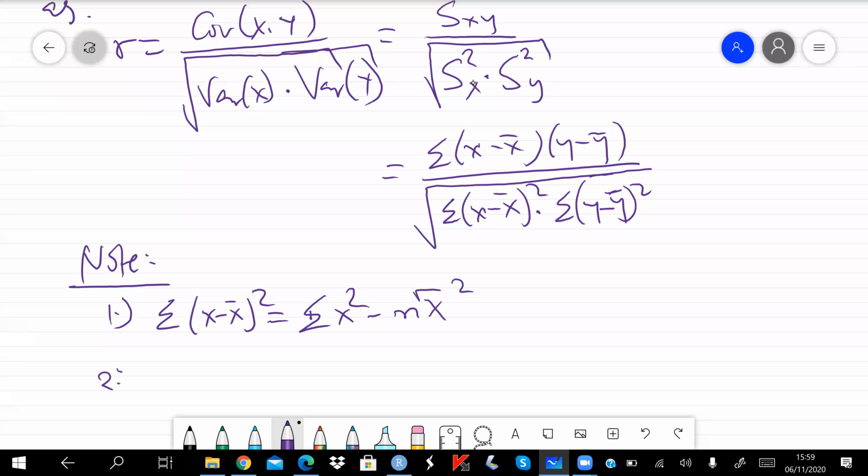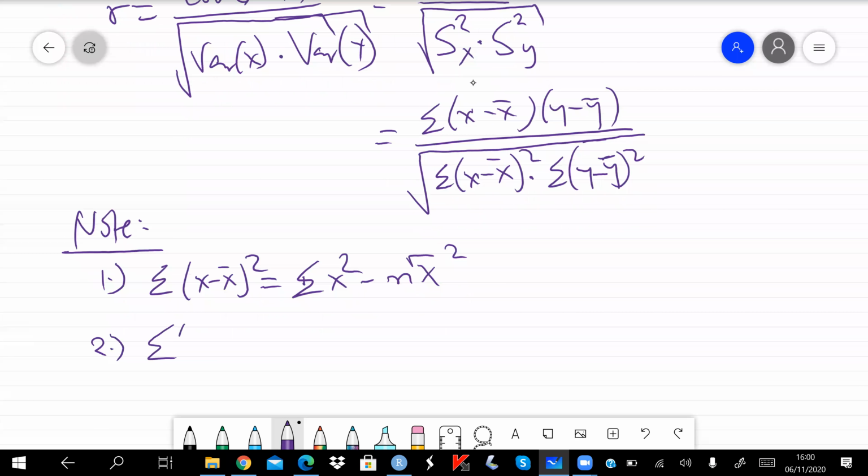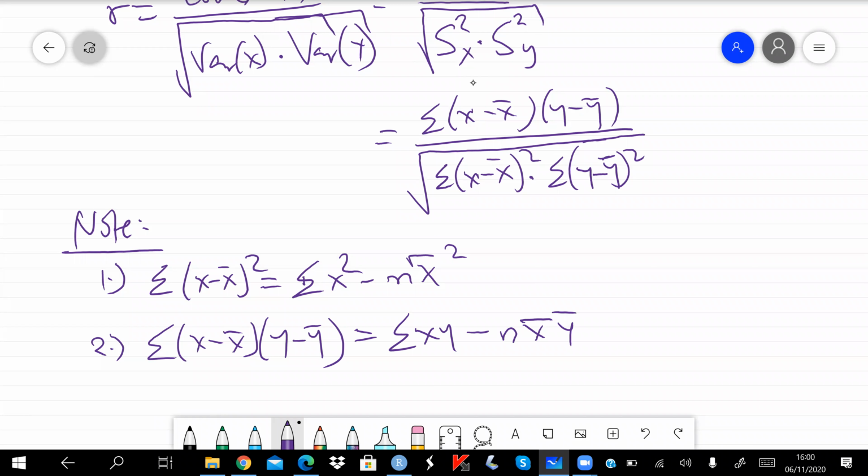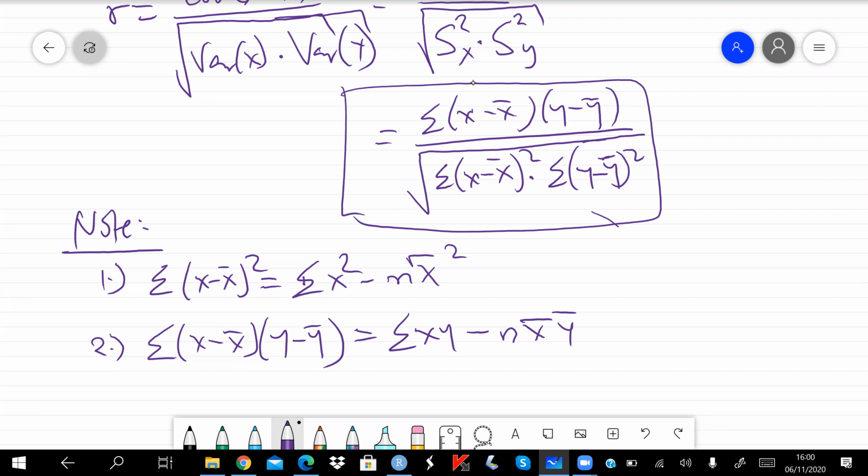Also, the summation of (x minus x bar)(y minus y bar) is the same as the summation of xy minus n x bar y bar. So we can rewrite this expression using this information. It is easy for you to simplify that.